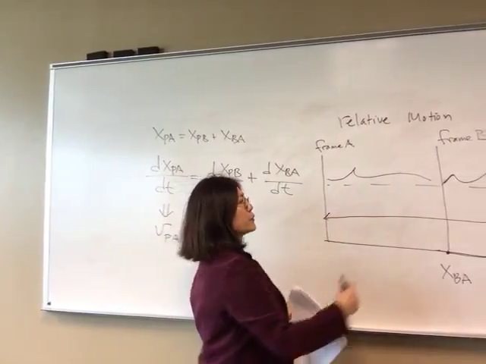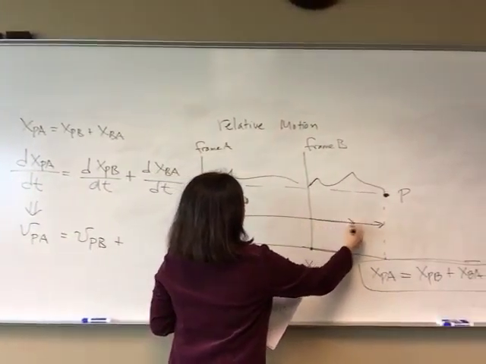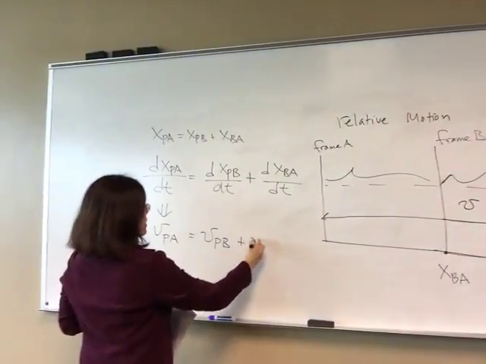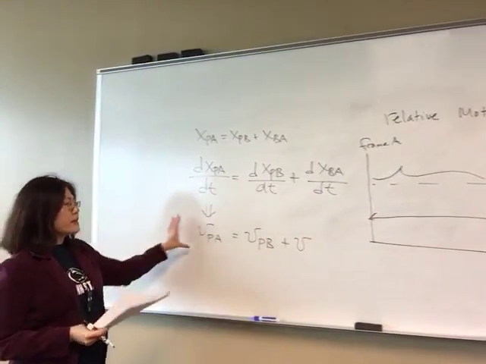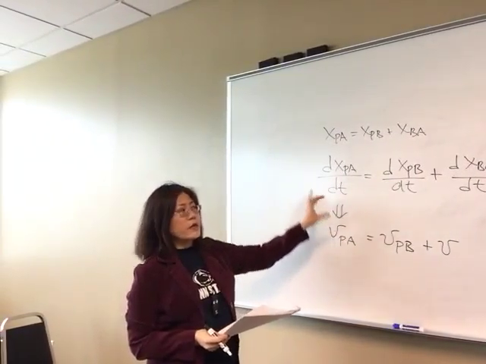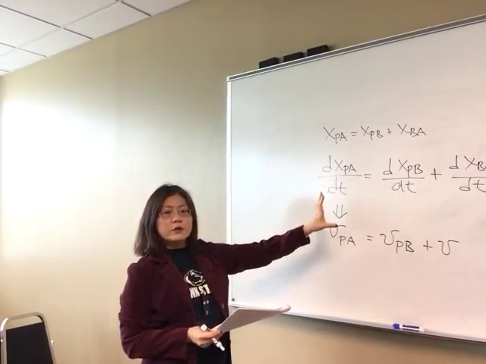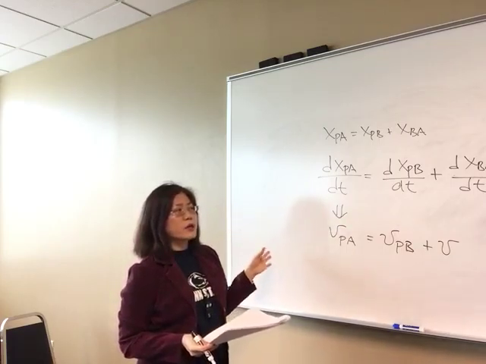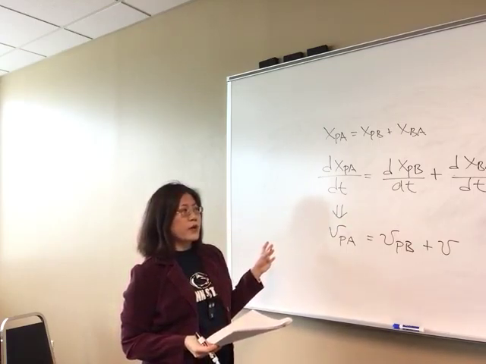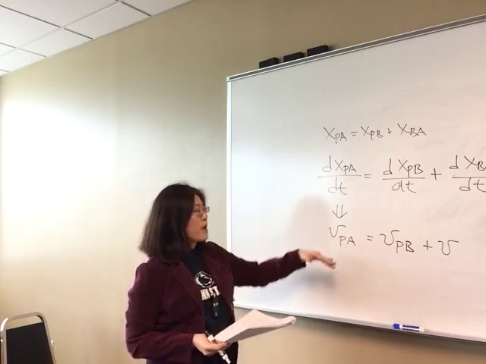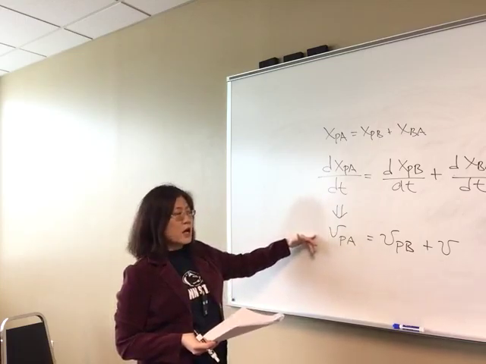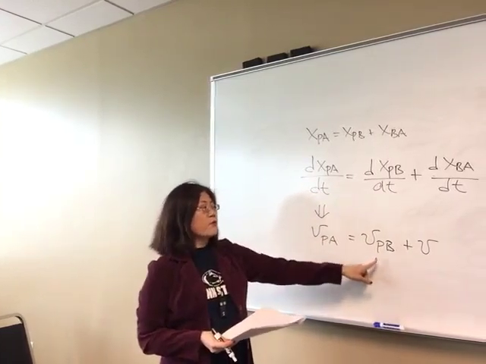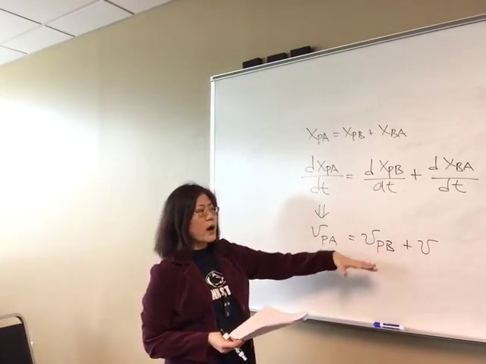If frame B is moving at this velocity v, non-zero, then we call that v here. Okay? So you can see that if frame A and frame B are separated at a distance, and one frame is moving at a velocity relative to the other frame, then this is how the velocity measured in frame A relates to the velocity measured in frame B. It's all about the measurement.